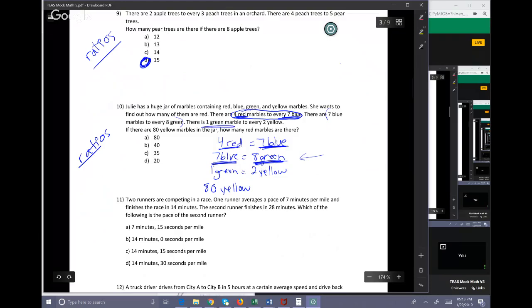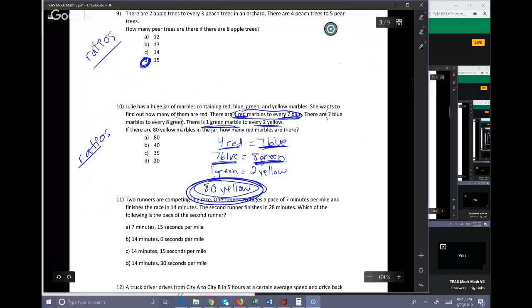Then they said there's 1 green to 2 yellow. And then they gave us a number that we can then chase back through all the different proportions. Same exact thing we did above, except there's an extra set of them. And we always have to start where we have information. So what information we have is that there's 80 yellow.